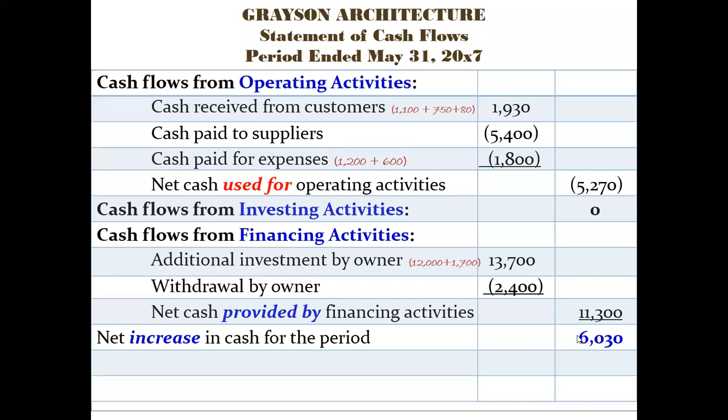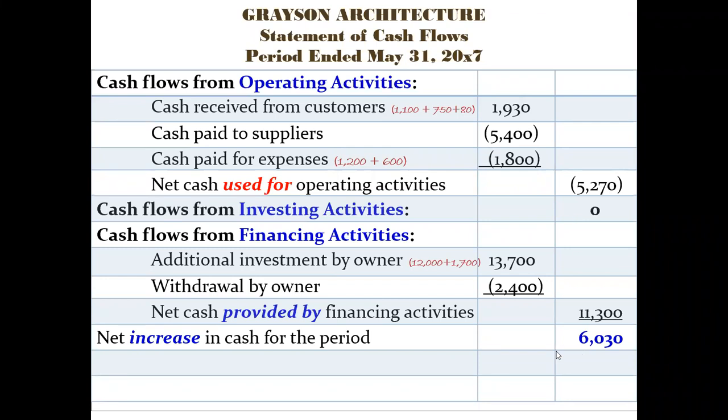What aspect of this related to operating activities? What aspect relates to investing? What aspect relates to financing? And when we break it out, guys, and we put the three pieces back together, it must come back to what we had in that cash account. That change of 6,030.